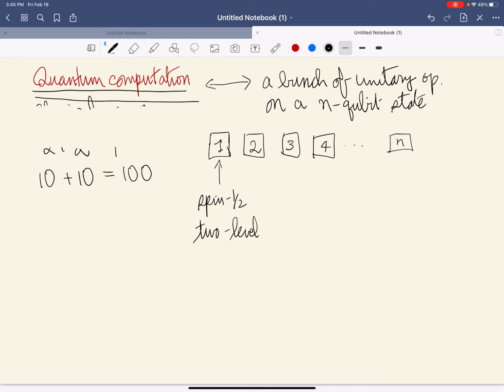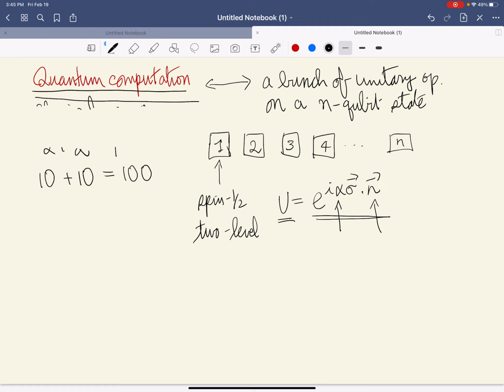And the unitary operation on a single two-level system is represented by some matrix of this form with arbitrary real number alpha and arbitrary unit vector n. So any two by two matrix written in this form is a valid unitary operation acting on a qubit. So that was the lesson.